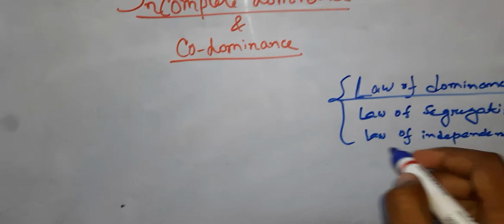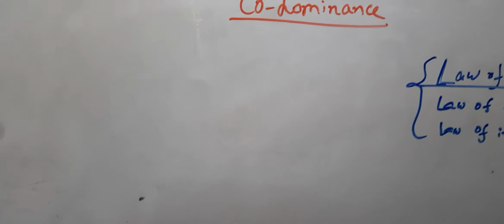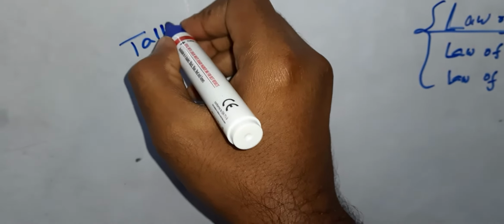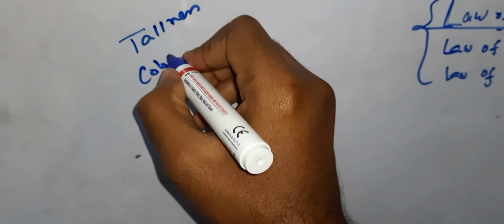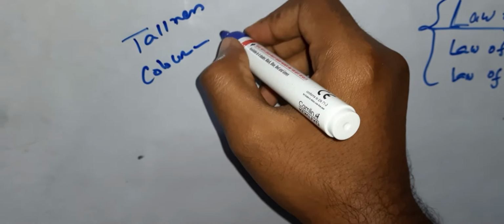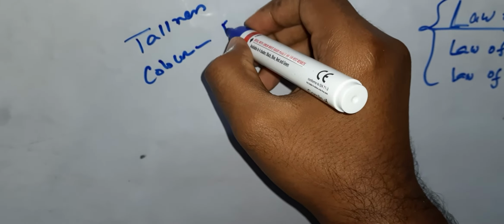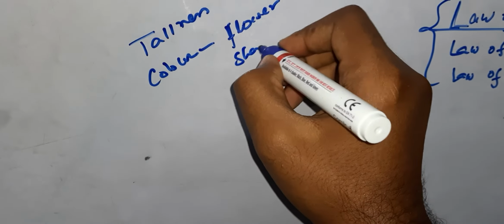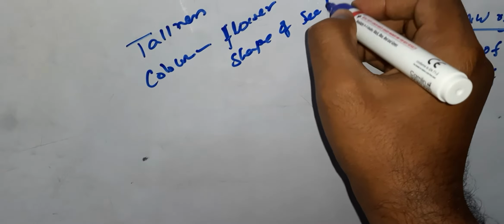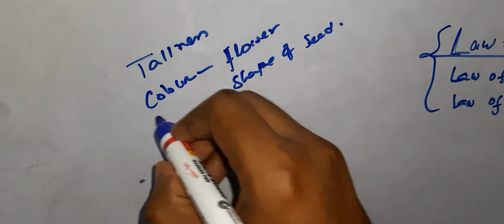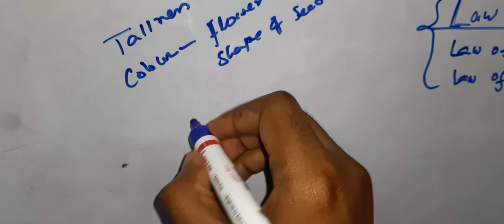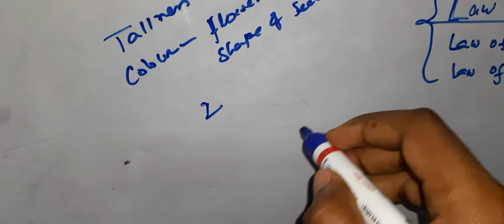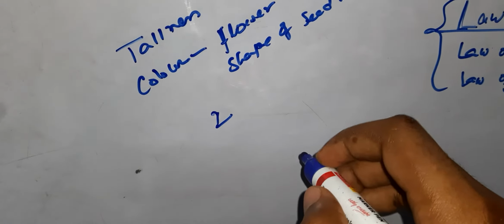and you may have remembered that law of dominance means every trait or character that an organism possessed, like the tallness, color, means in case of flower the flower color, or shape of the seed, etc. These traits are the product of two alleles of the same gene.